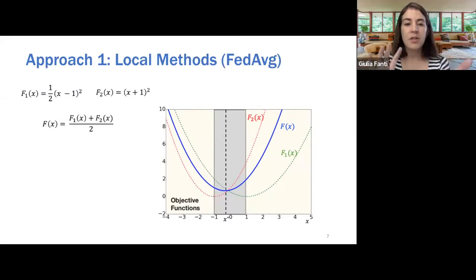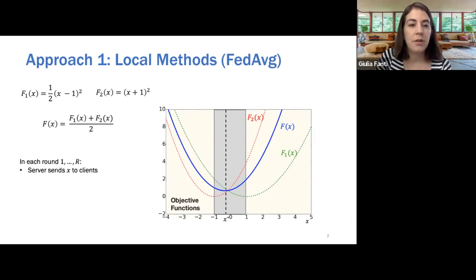So as I mentioned earlier, one of the common approaches for dealing with heterogeneity is by using local computation, or what we call local methods. One very popular example of a local method is FedAvg. Here the idea is that in each round of communication, each of the clients is going to start at the current iterate, which we'll call x here.